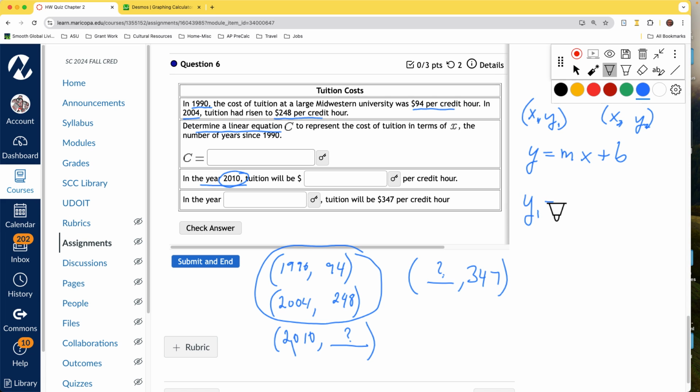We're going to do y1, and we're not going to use equals. It's kind of just the syntax of how Desmos works. We're going to use an approximate symbol, the tilde. We're going to use m, and then we're going to use x1 plus b. And Desmos is going to take those 2 points, and it's going to figure out what the m and the b is, so that'll give us the equation.